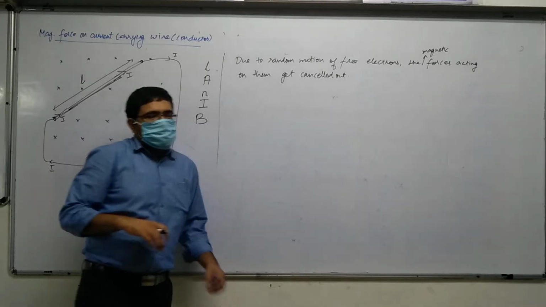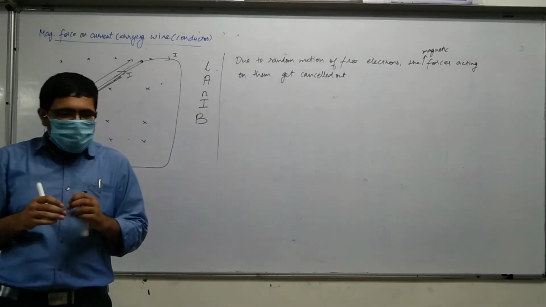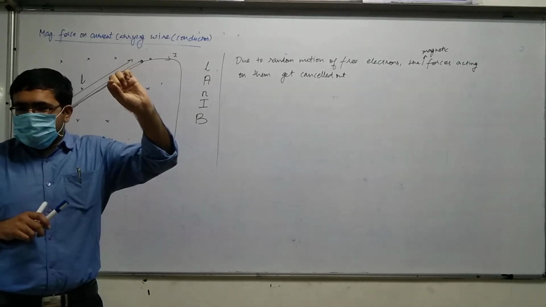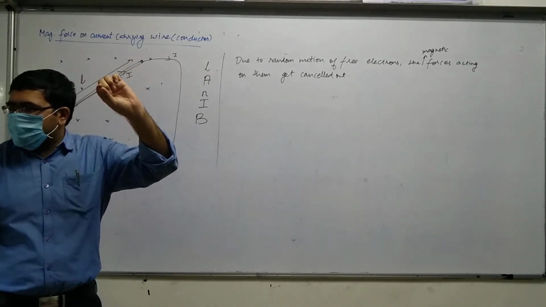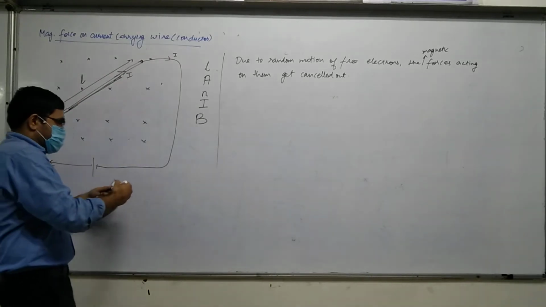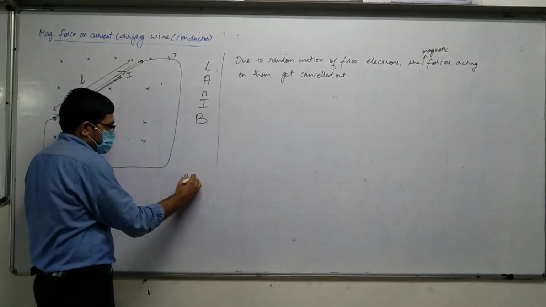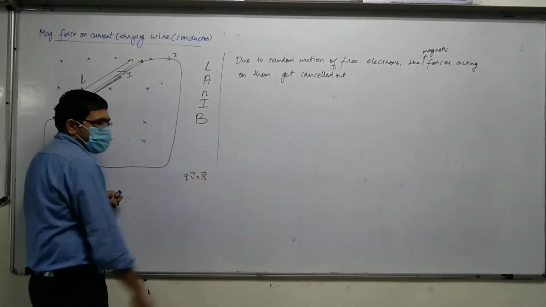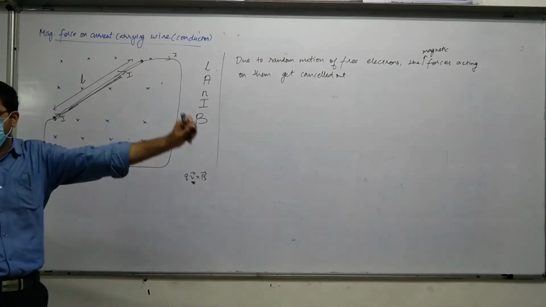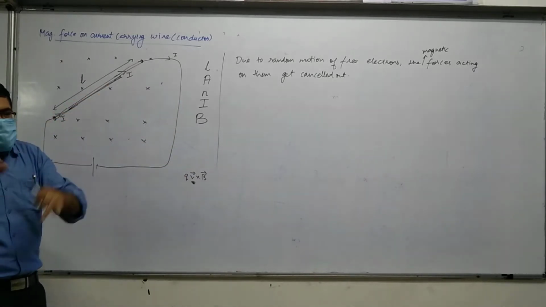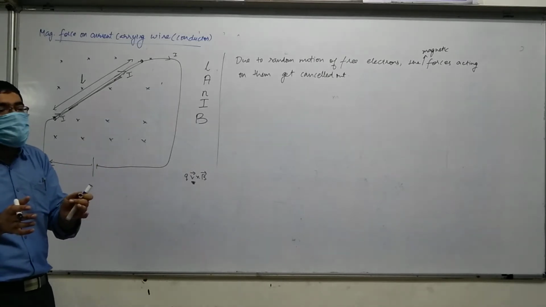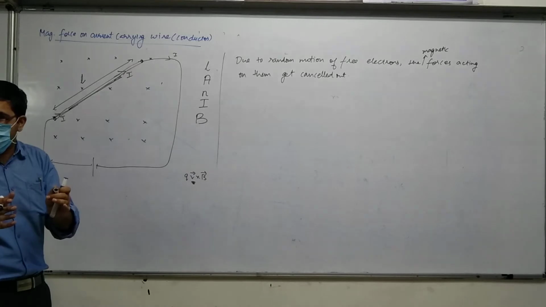What does this mean? Think about random motion. Velocity this way, another electron velocity that way, another electron velocity the other way. So on individual free electrons, the magnetic force Q V vector cross B vector will act. Because their velocities are all in random different directions, the magnetic force will also be in different directions, and the addition of all that magnetic force will be zero. Make sense or not?